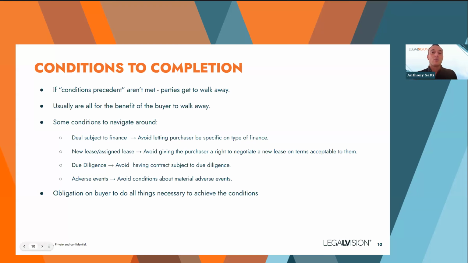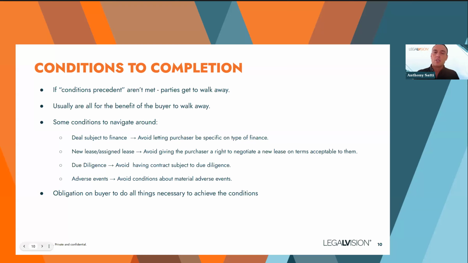If that's the case, again, we generally want to avoid language within the condition precedent section of the document that is too favorable to the buyer. So not giving them the right to negotiate those variations or a new lease on terms that are only acceptable to them, or requiring that they at least act reasonably in negotiating those documents.